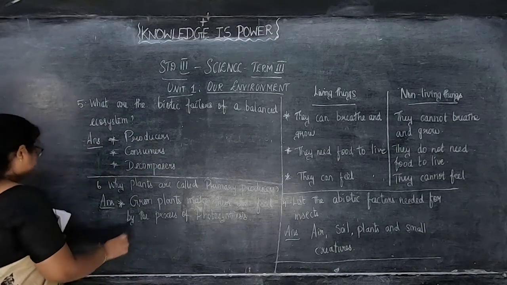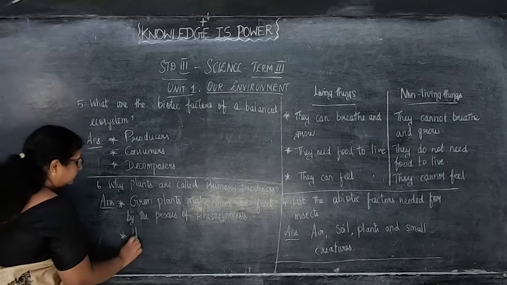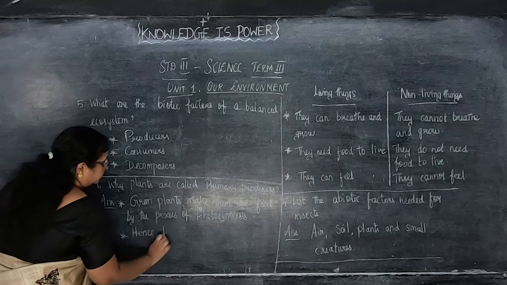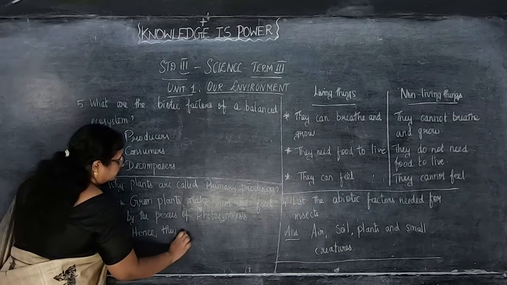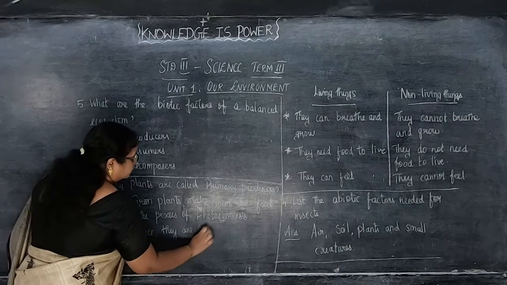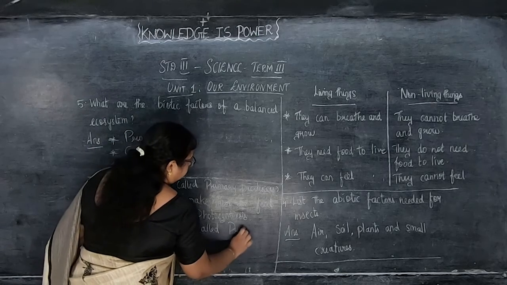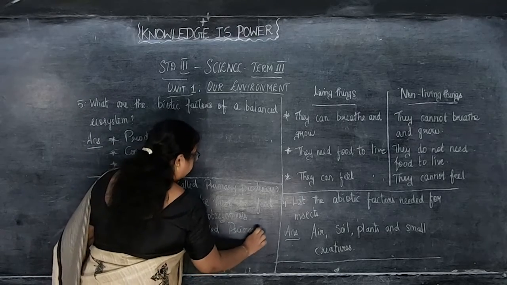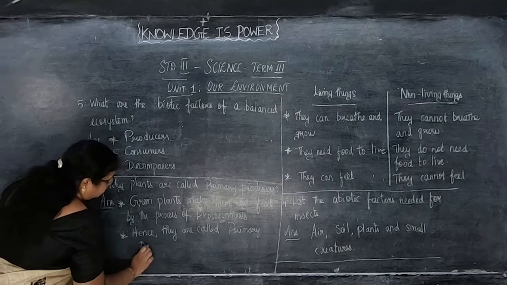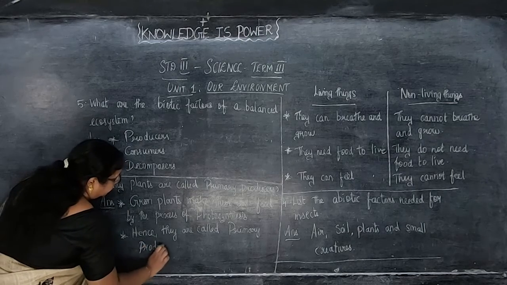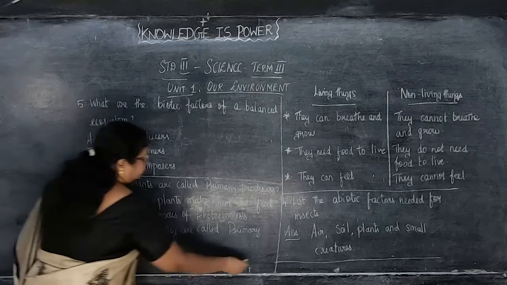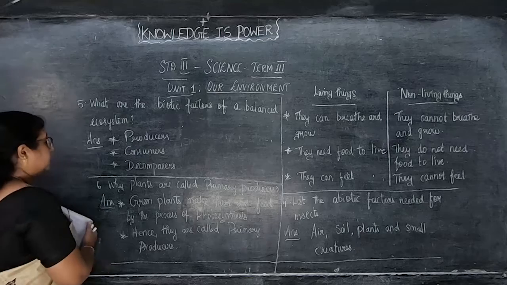Okay, that's the first point. Second point, hence they are called primary producers. If you learn point by point, it will be easy for you to learn, children. So I've given 2 points. Okay, children. So once again we'll read.